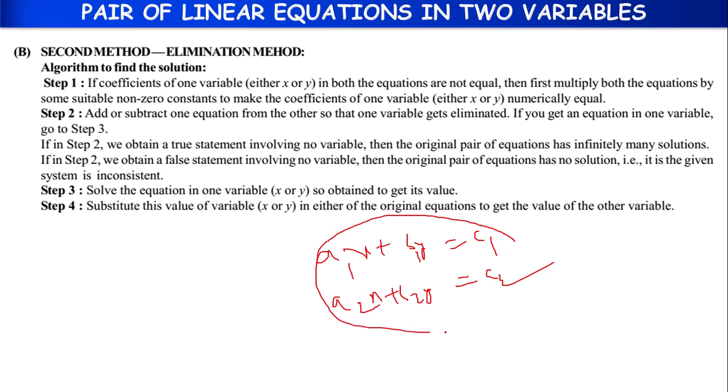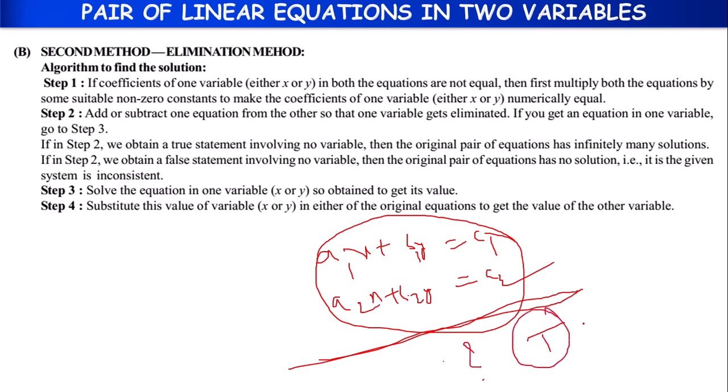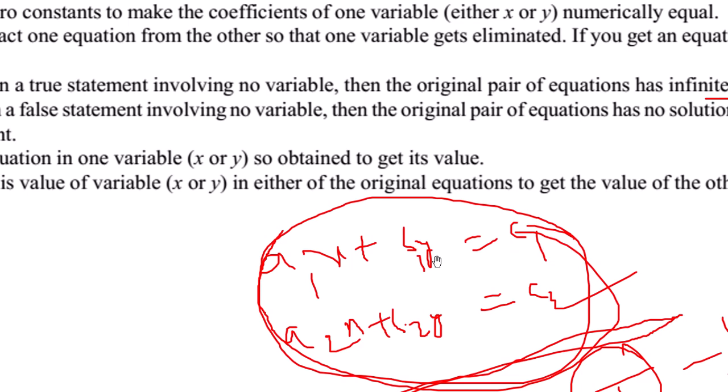If we have two equations like that, after multiplying with some number, if you add them or subtract them, suppose you get a statement which is true, but no variable is present in that, then these two equations can have infinitely many solutions.